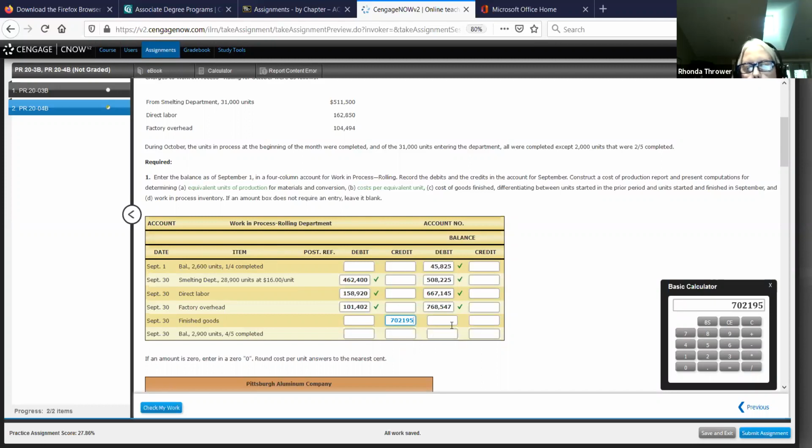And then what we could do is determine what our ending balance is in the work in process account. You can do that by taking the previous balance in work in process and subtracting your finished goods inventory.